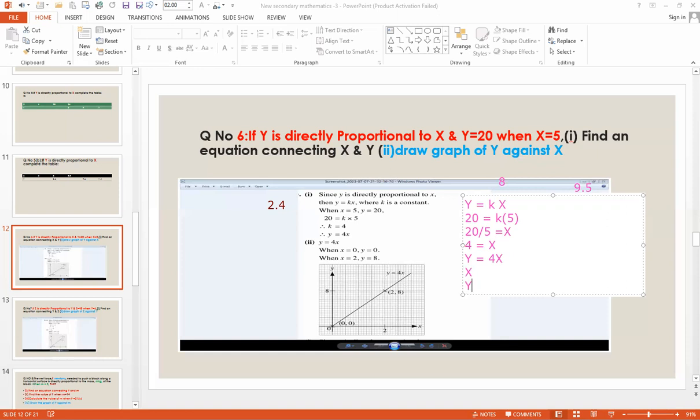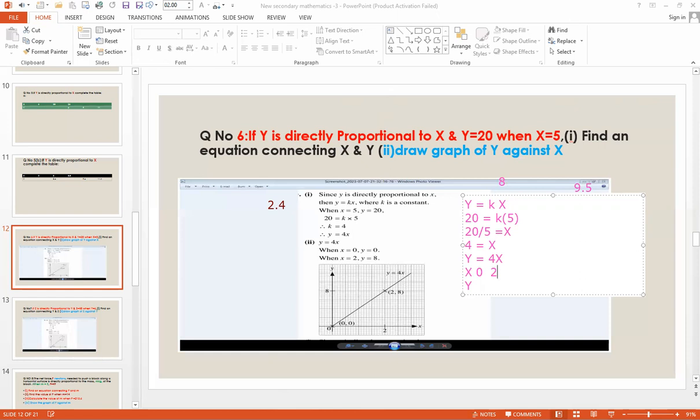Okay, first I have to take the value for x is equal to 0. Just give me 1 second. Just 1 second, I have to write it for you. Okay, first you have to write the value for x is equal to 0, and then you have to write the value for x is equal to 2.